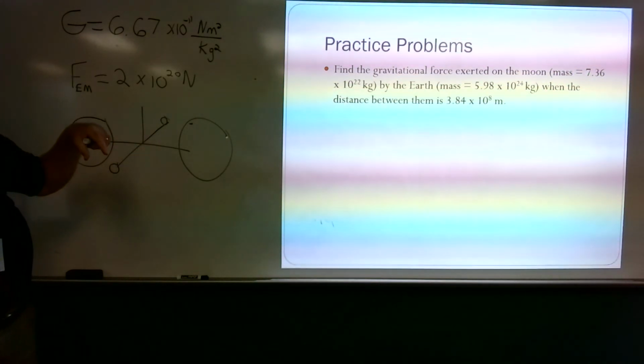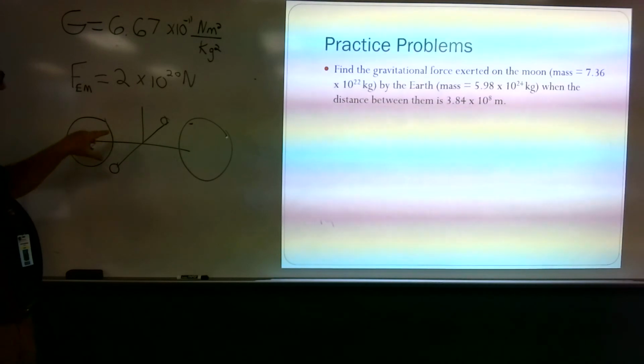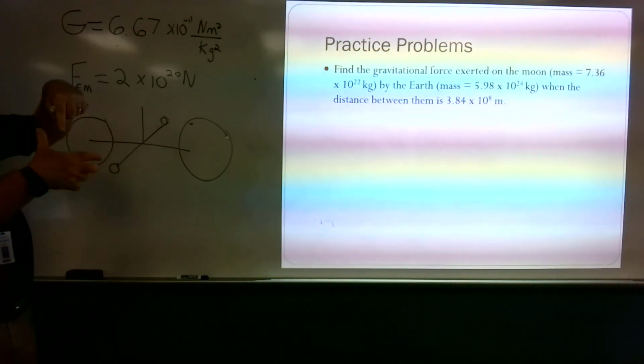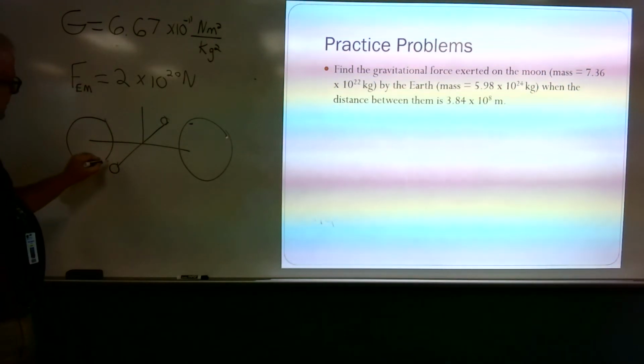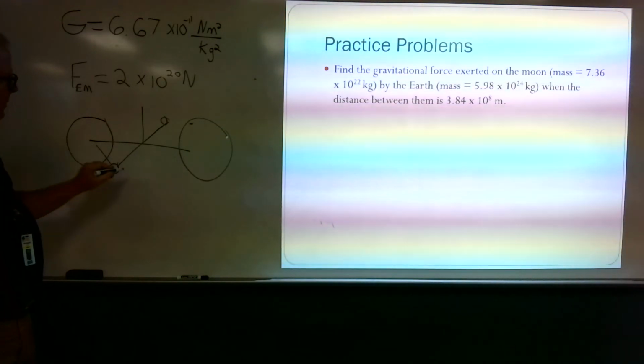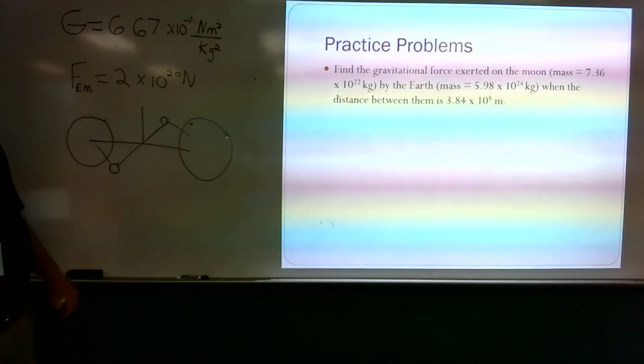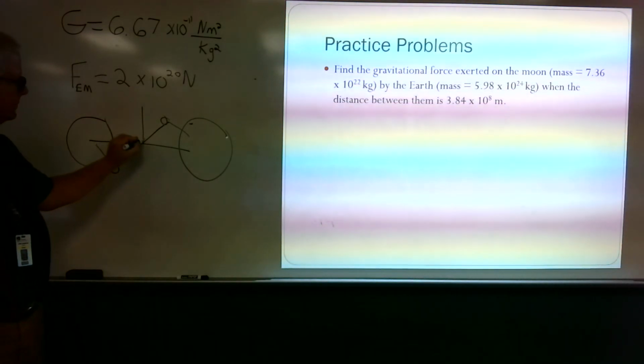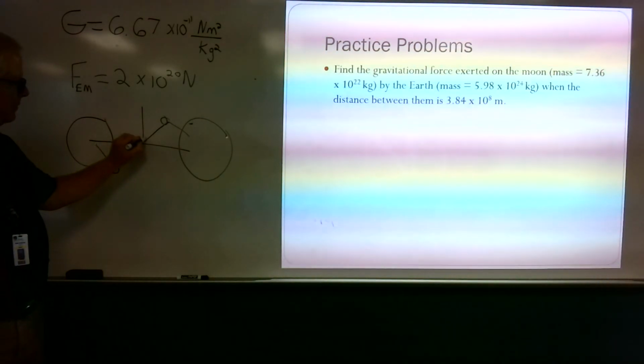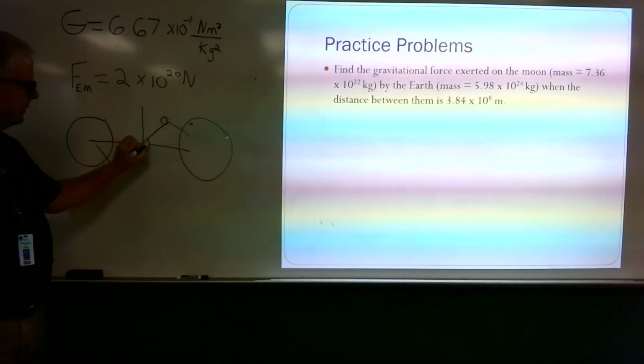This apparatus was kind of free to move, at least this part of it was free to move, kind of like a mobile. And so this sphere attracted that sphere, and this sphere attracted that sphere, and it would move slightly.